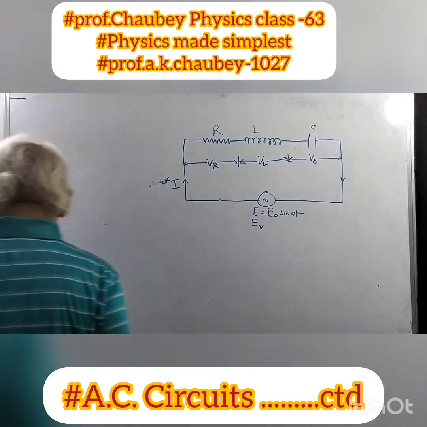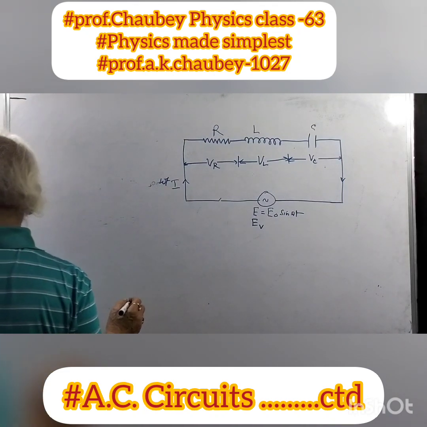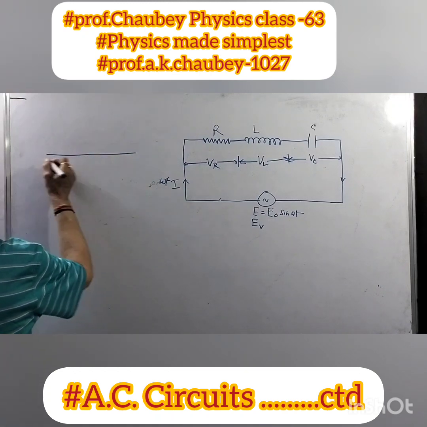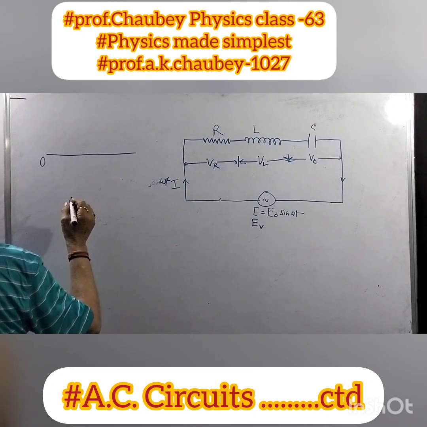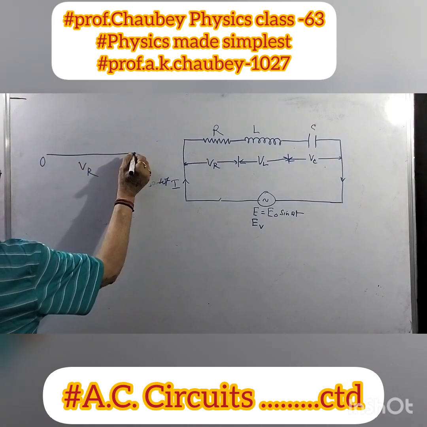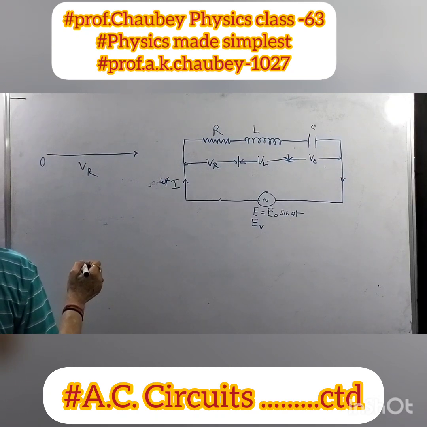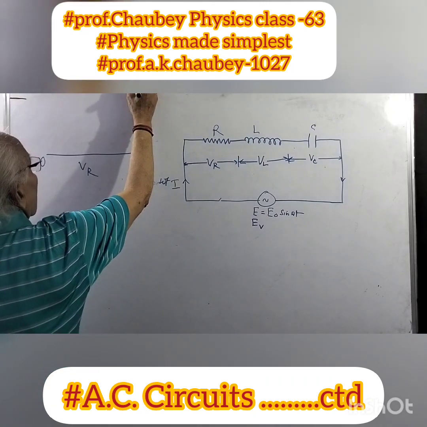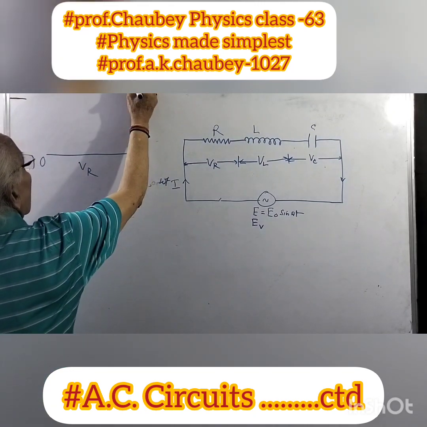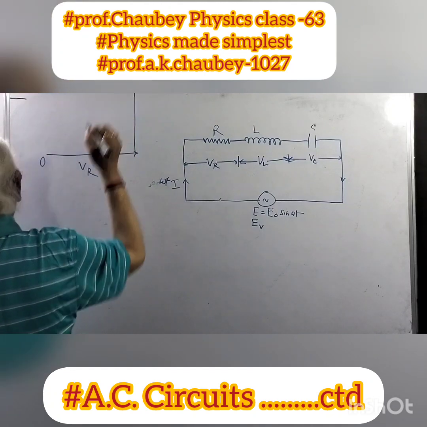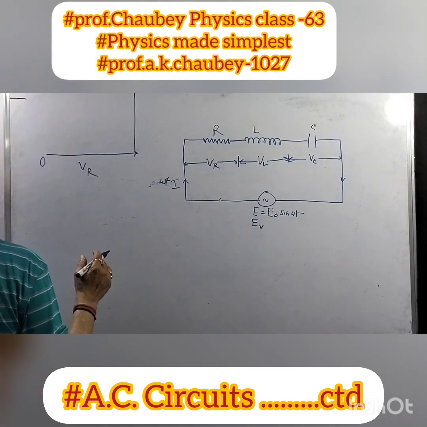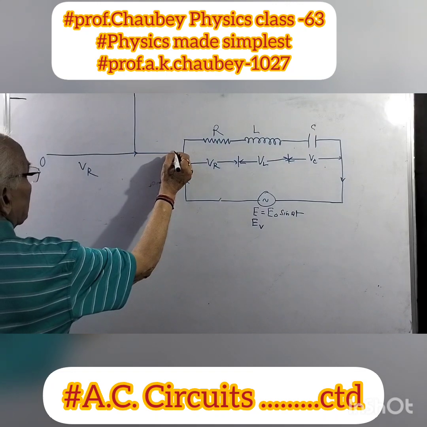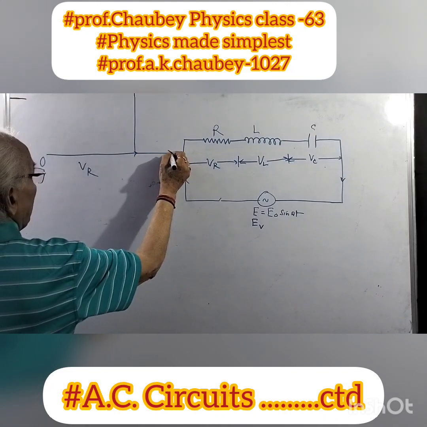Here we can draw 0 here, and this is VR, and here VL, pi by 2 plus, and then here we have the time scale, or you can say current IV.